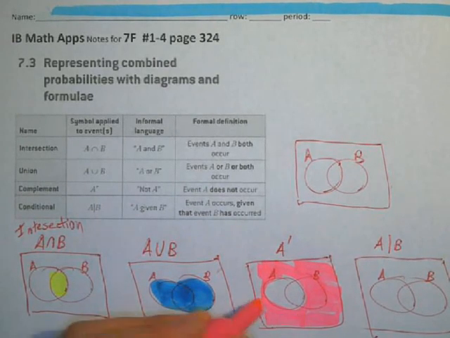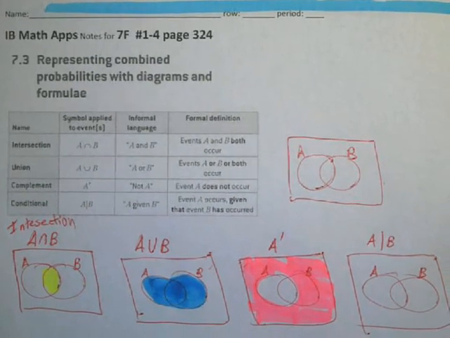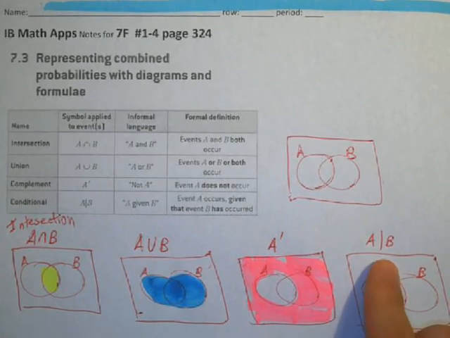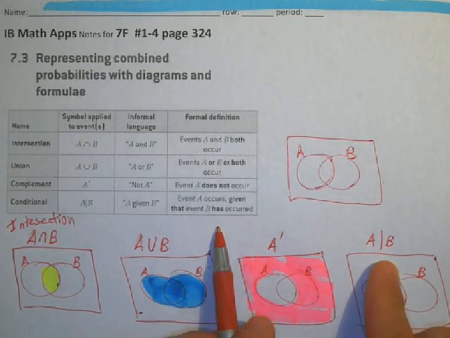And then lastly, probably the most challenging for many students is this one here. This is saying event A happens given that event B occurs.